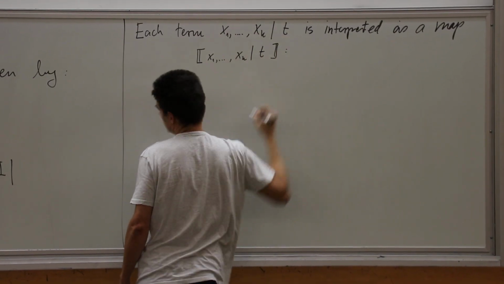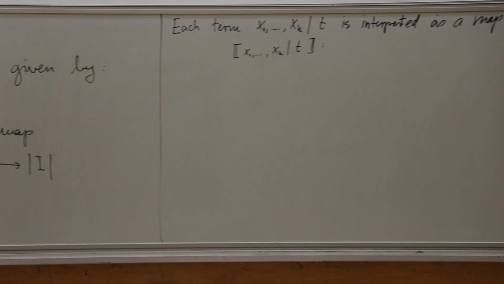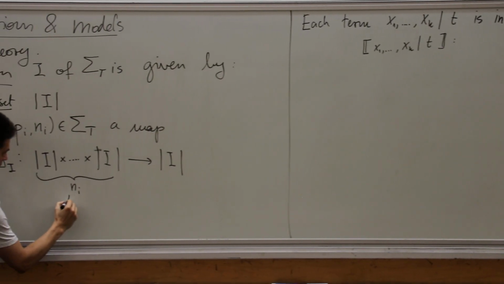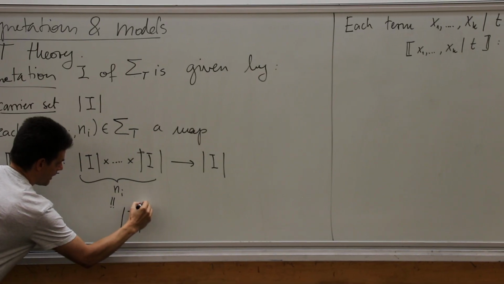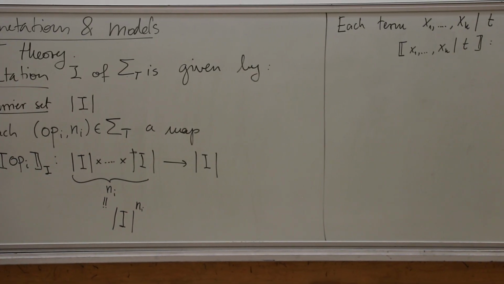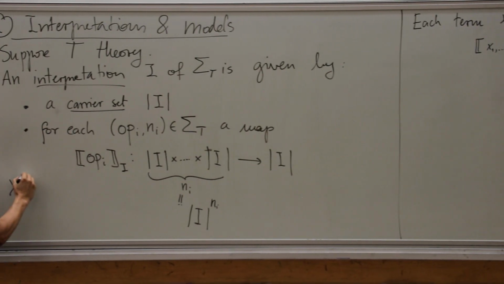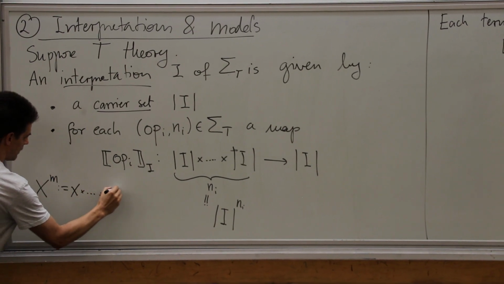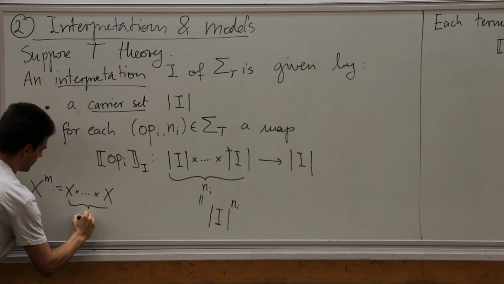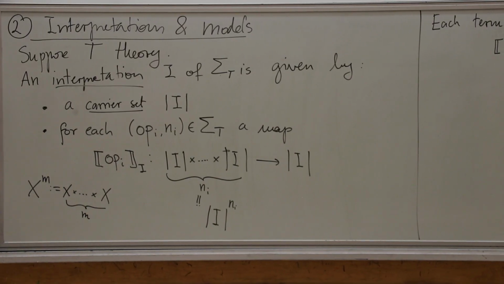And now in order not to go crazy, let me write this thing as I to the ni. So in general, x to the m is just an m-fold product of x's.